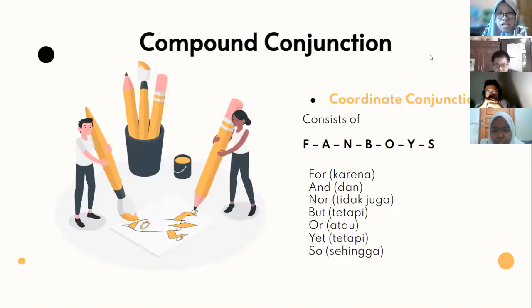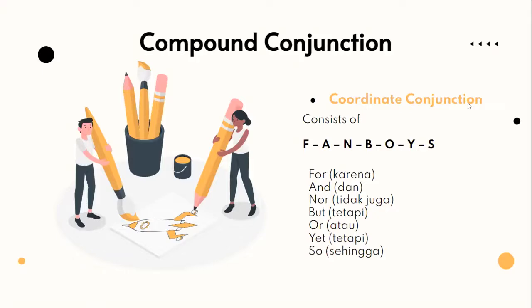Compound conjunction consists of seven conjunctions that you can call FANBOYS: for, and, nor, but, or, yet, and so.